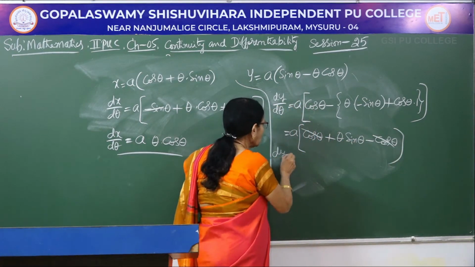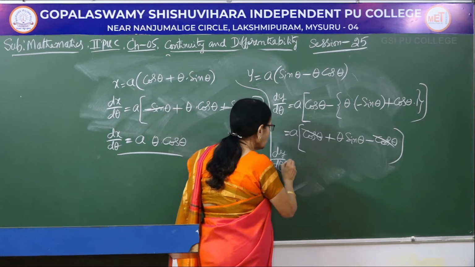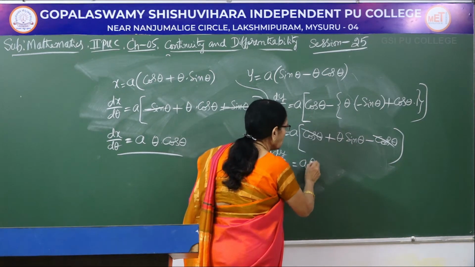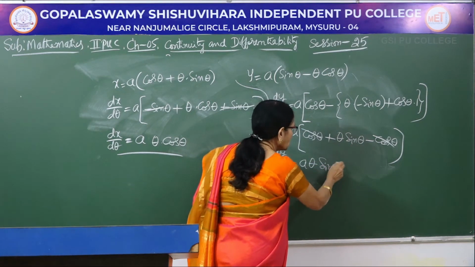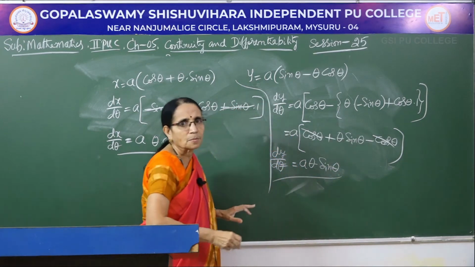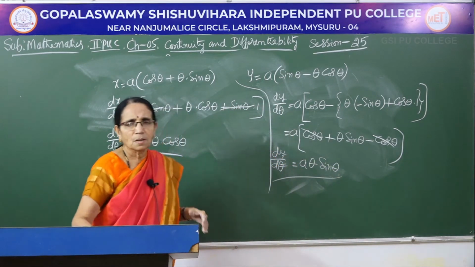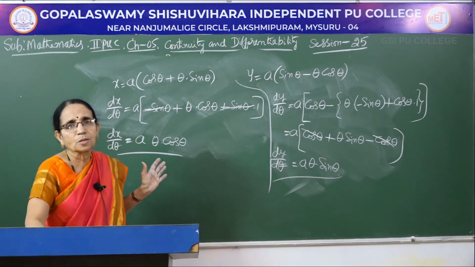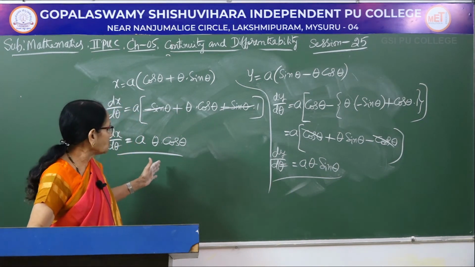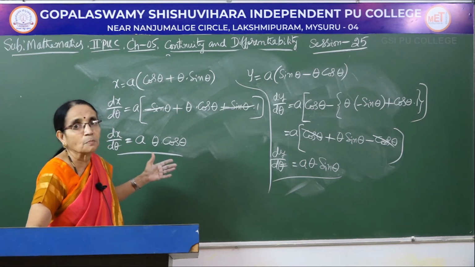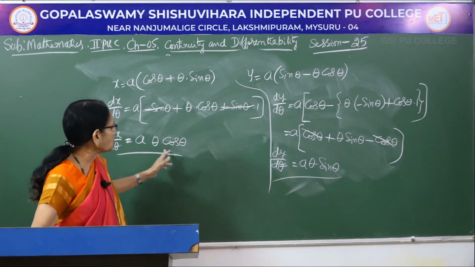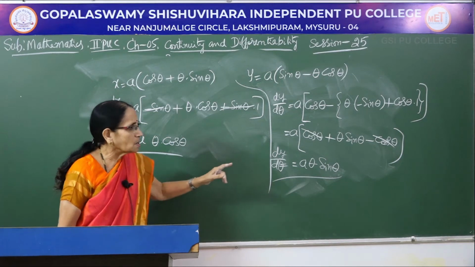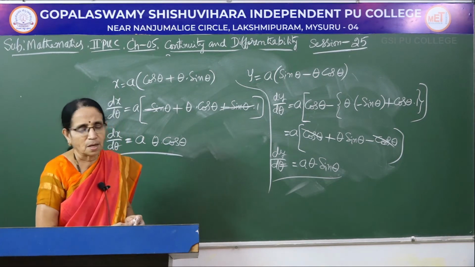So ultimately we are getting dy by d theta to be equal to a into theta into sin theta. See, though it was a little bit complicated function, we got the derivative of both x and y with respect to theta, a very simple function, comparatively simpler. So a into theta into cos theta and there a into theta into sin theta.